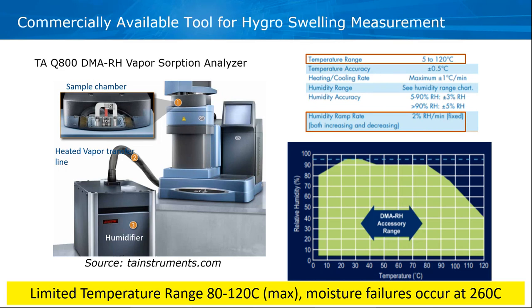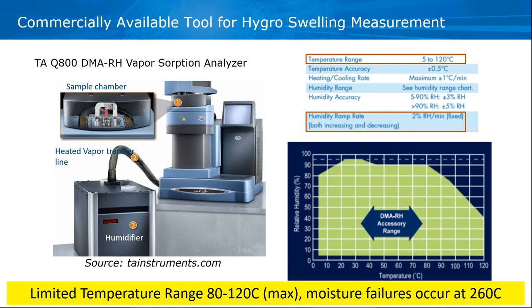Although the spec shows that it can measure up to 120 degrees C, you'll see that the RH levels taper off pretty quickly above 80 degrees C. And that's for the reasons I mentioned previously, where it's very hard to hold a high relative humidity environment close to the 100 degrees temperature range.